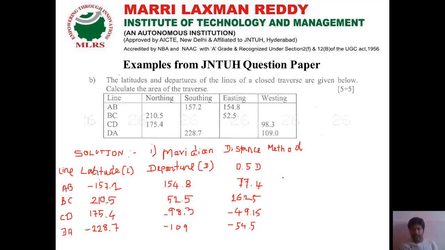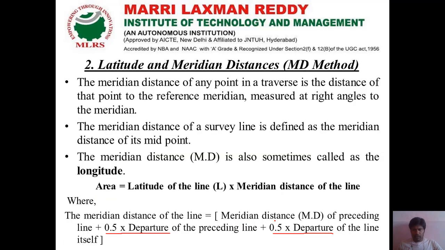Now I have to calculate the meridian distance, small m. We already know that the meridian distance of the line is equal to the meridian distance of the preceding line, plus 0.5 departure of the preceding line, plus 0.5 departure of the line itself.